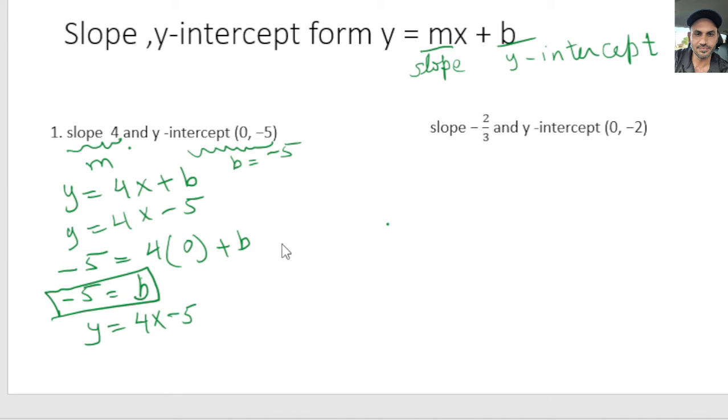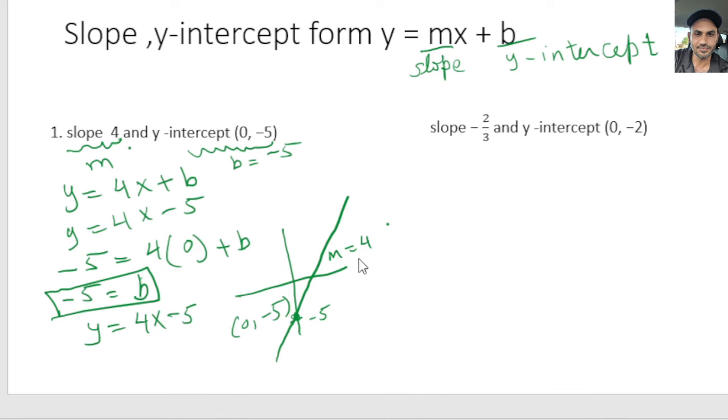So if you look at this, I'm just going to do a generic drawing of the graph of this line. So this would be -5. You're going to have a line with a slope of 4 going through this -5 like that. So this would be the y-intercept, which is (0, -5), and m equals 4, which is the slope of the line.